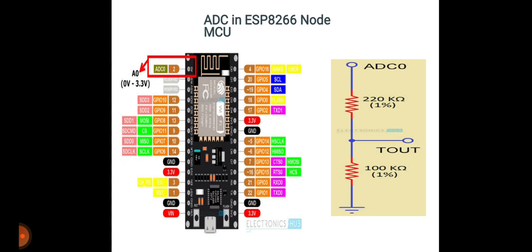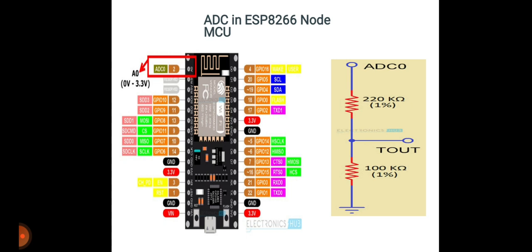The next one is an important note for you. If you take a look at the schematic of Node MCU, the ADC 0 pin in the next figure has two resistors and the T out pin connected. The ADC 0 pin in the above pin out image acts as an input to the voltage divider, which is formed by 220 kilo ohm and 100 kilo ohm resistors, with the output of the voltage divider given to the T out pin of the ESP8266 EX SOC.